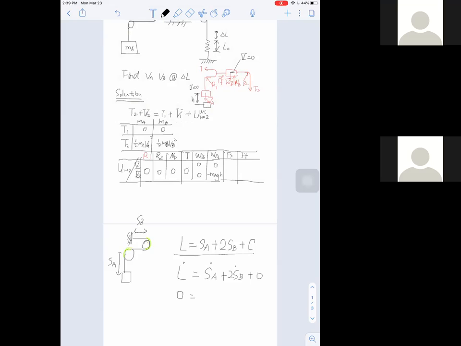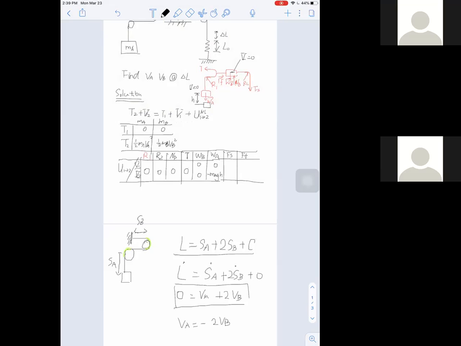SA dot gives you VA, and 2 SB dot gives you 2VB. Therefore, we can find the relation between VA and VB. So VA equals negative 2VB.